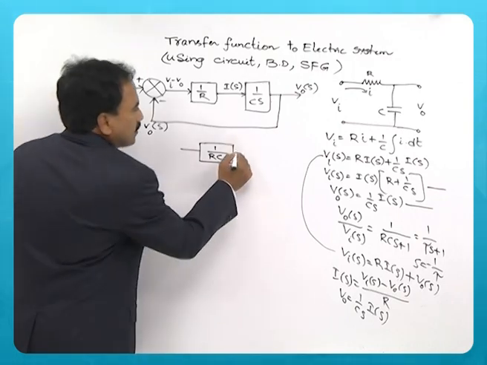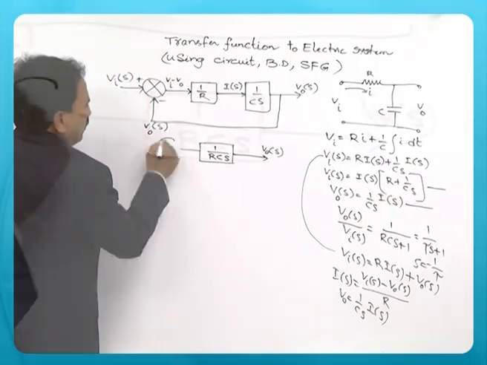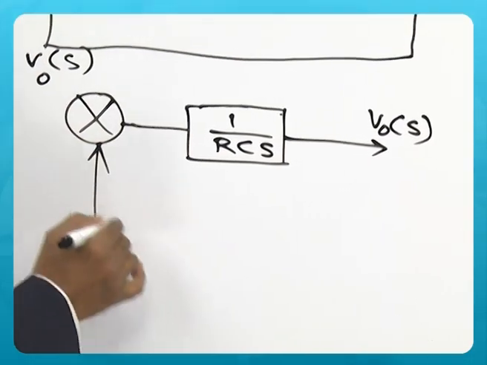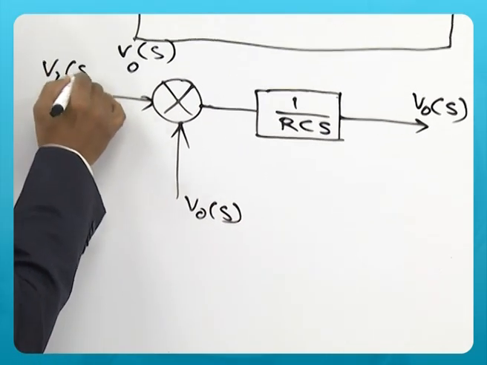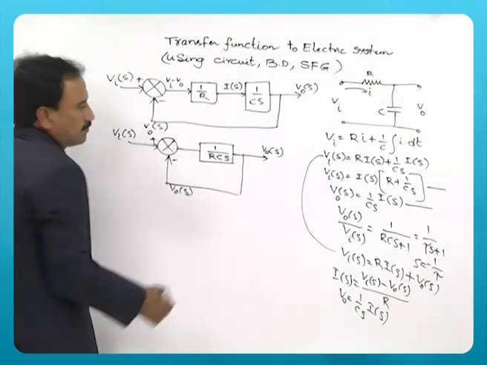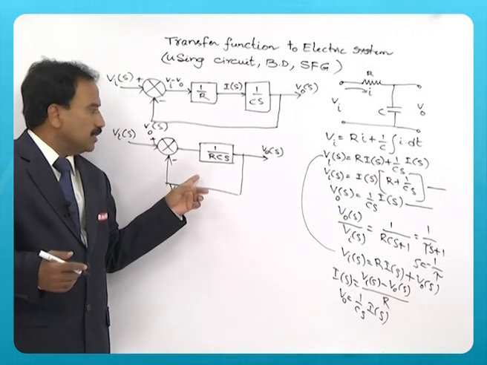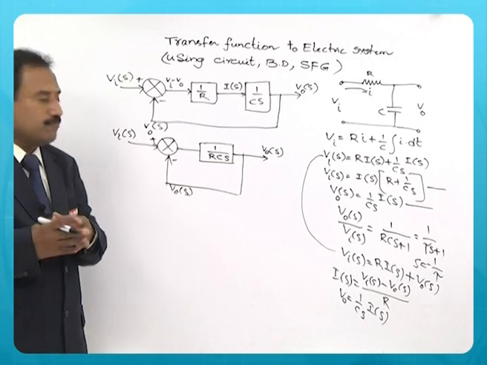So you have V0 of s, and this is the summing point with Vi of s as usual with plus and minus. This block diagram is reduced to this one using rule 1 when the blocks are in cascade.